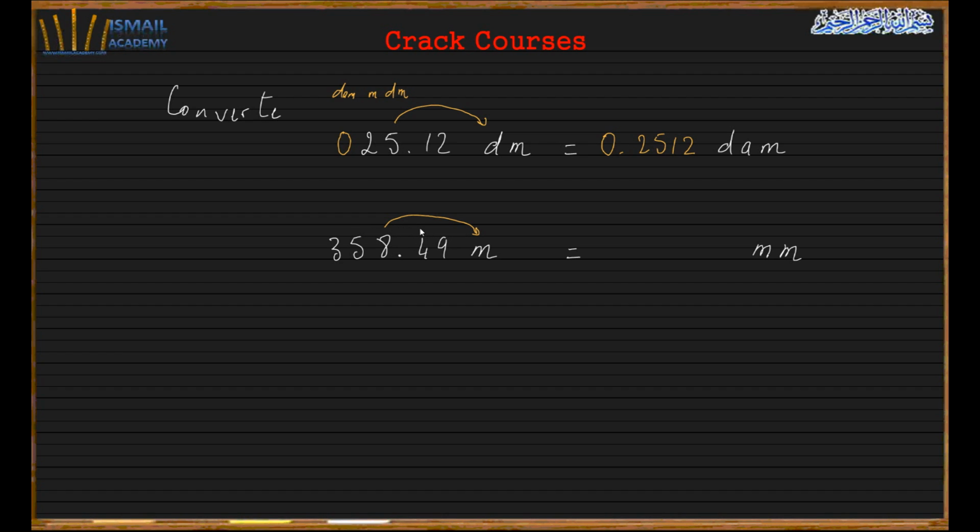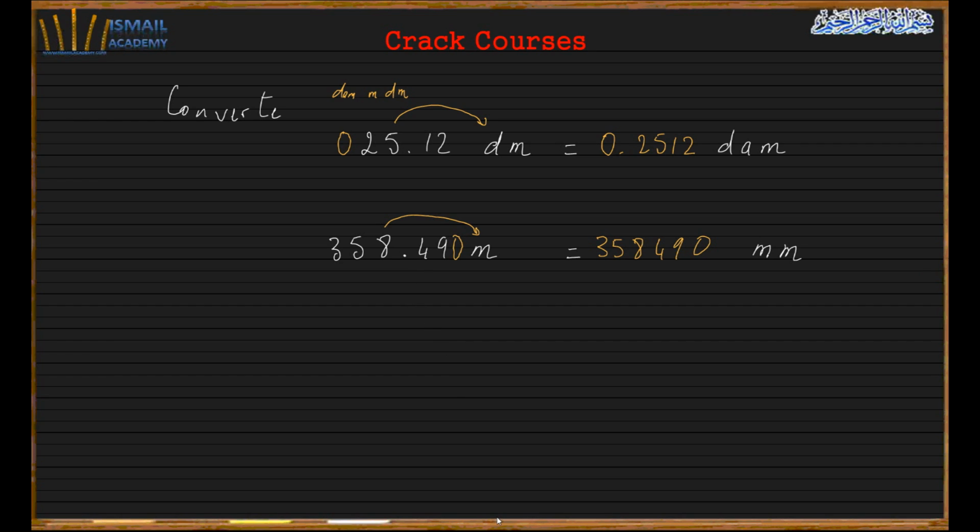What after meter? Decimeter, centimeter, and millimeter. You see, there's nothing for millimeter. So the millimeter is here. That's why I'm gonna move the dot after. So here I put my 0, and I move the dot after the 0 here. So the answer is gonna be 358.490. Like in your notebook, you erase and you throw it here at the end, because this is the position of the millimeter.